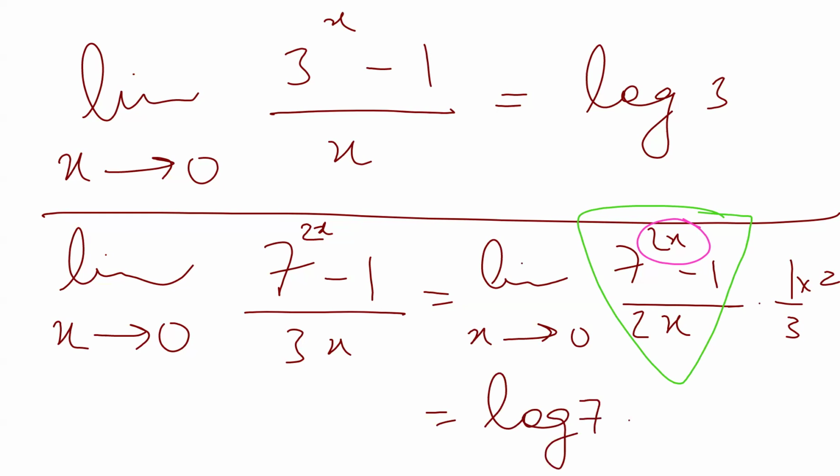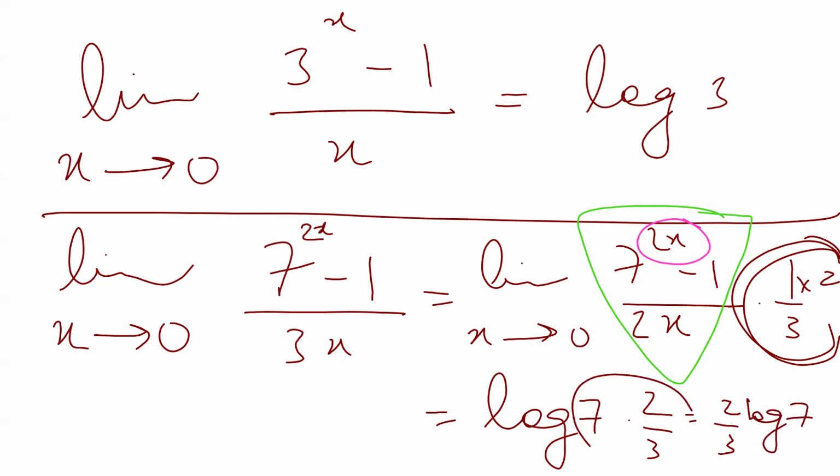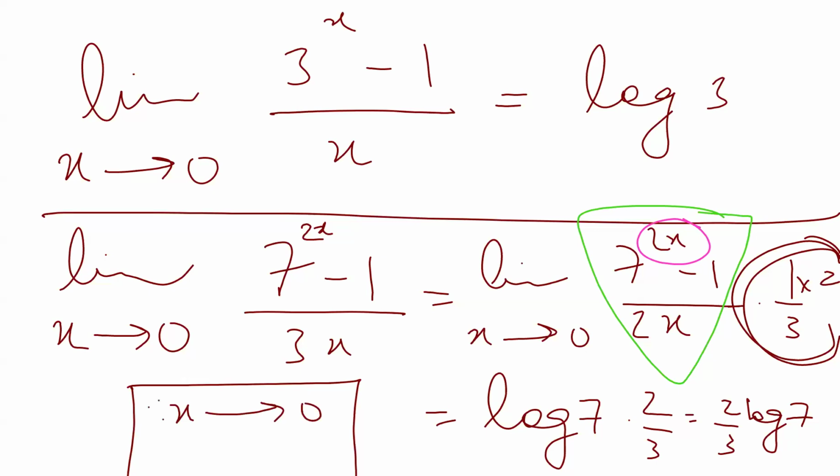Log 7 into 2 by 3. So the answer is 2 by 3 log 7. You just cannot multiply this. Will we have to write proof here? Like since x tends to 0, 2x tends to 0. Correct. Since x approaches 0, we applied the formula for 2x; 2x also tends to 0.